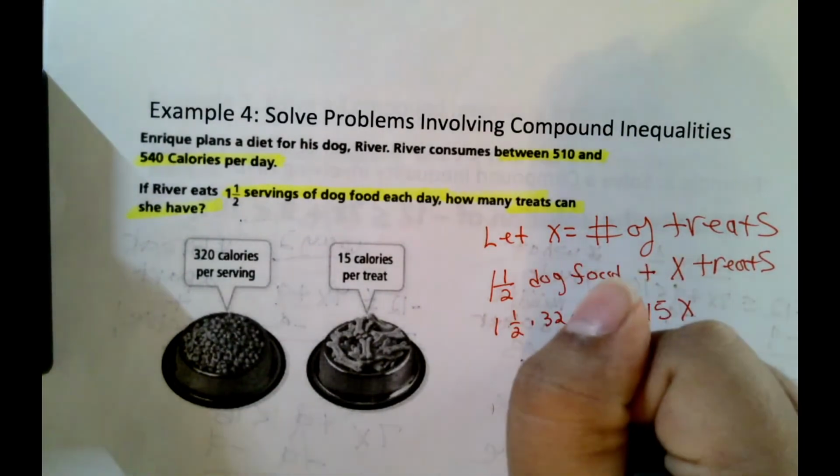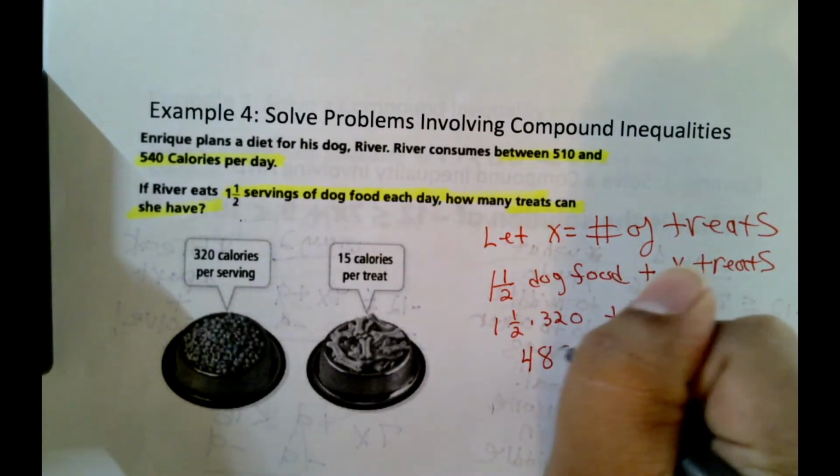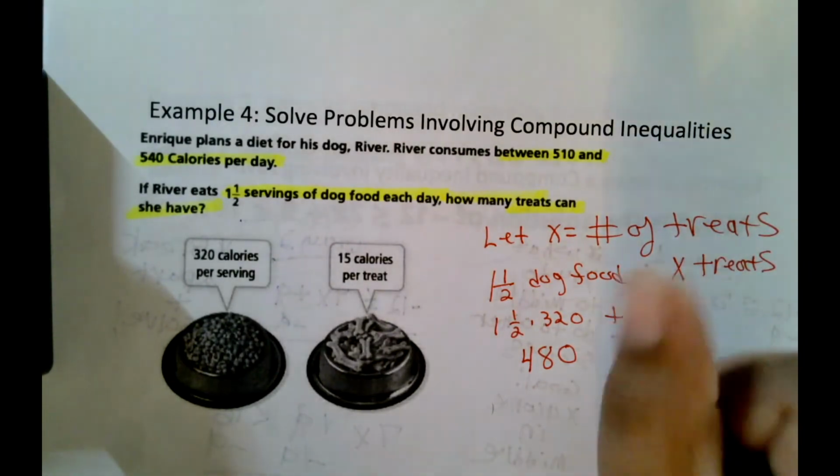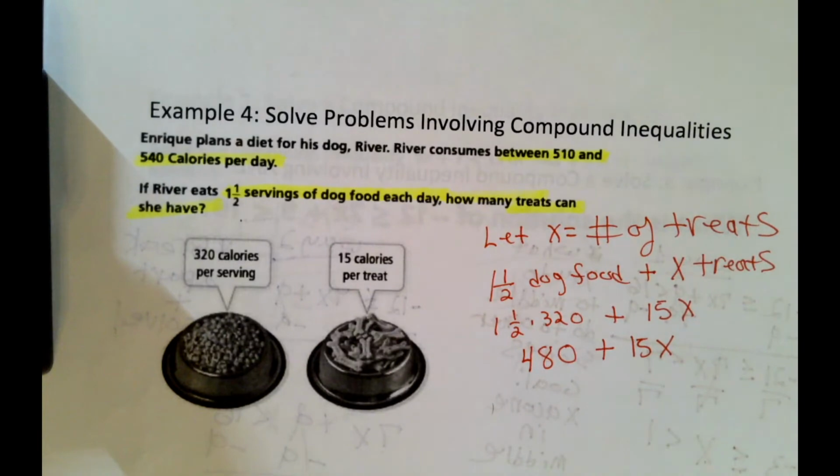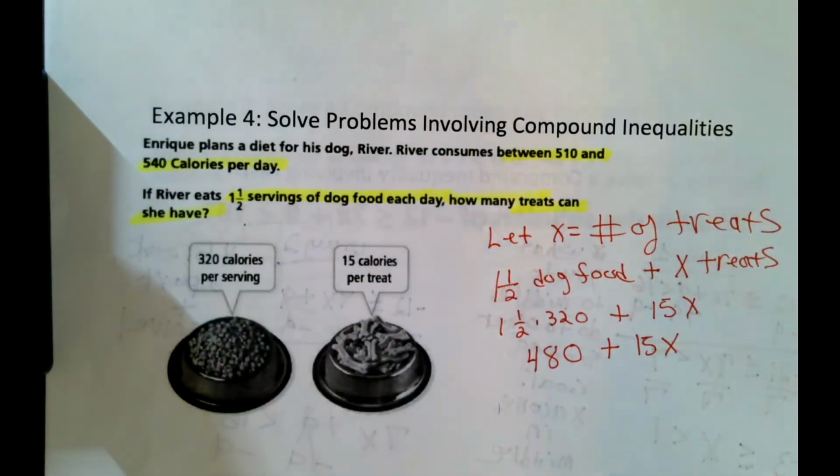Alright, we're almost done here. Except we haven't taken into consideration what it is that we have to set this equal to. Remember, our steps for solving an equation are define your variable by what you need to know, figure out what we know about it by creating an expression. We did that. Now we need to find what we need to set it equal to, or in this case, less than or equal to. Well, it says between 510 and 540. So, we need to be between. Whenever you see between, it's automatically going to be an and inequality.